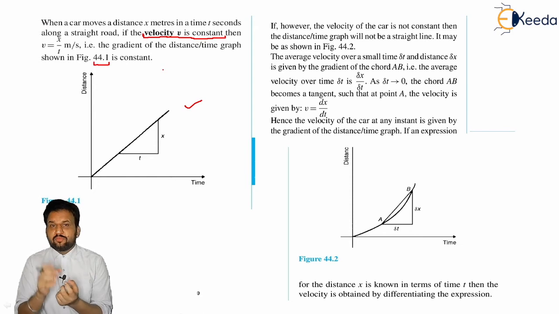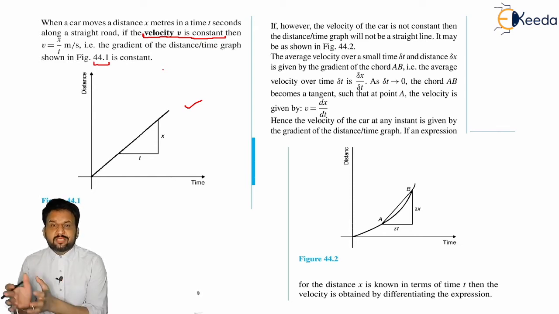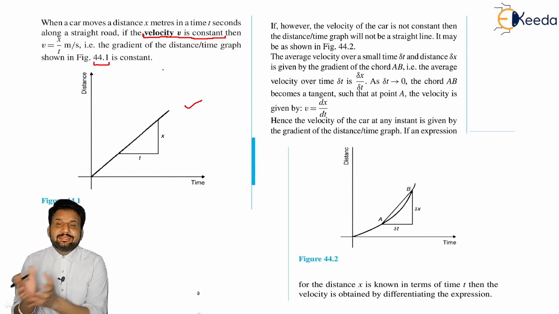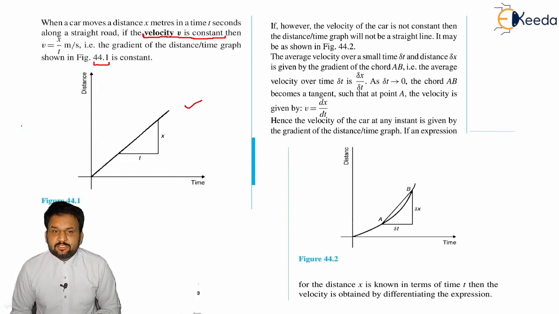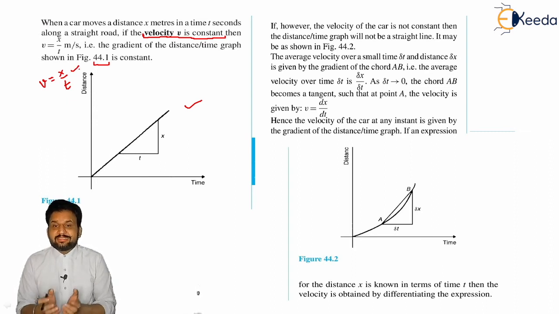If after 5 minutes or 10 minutes the speed increased, then there would be a change in the velocity. Here v is directly x by t, the direct effect of x with respect to t, because velocity is constant.